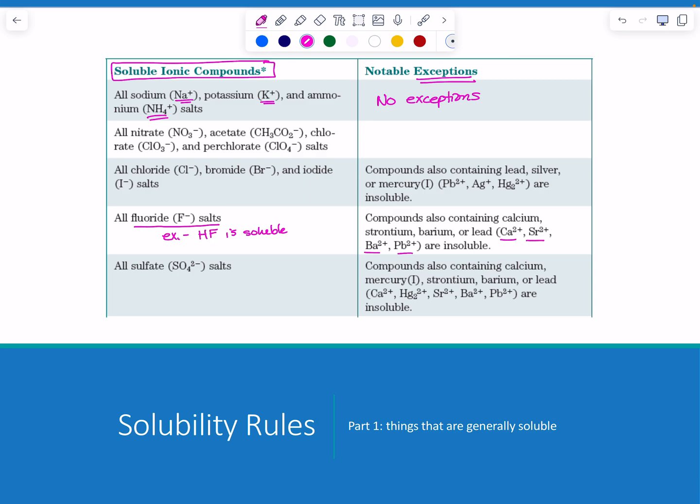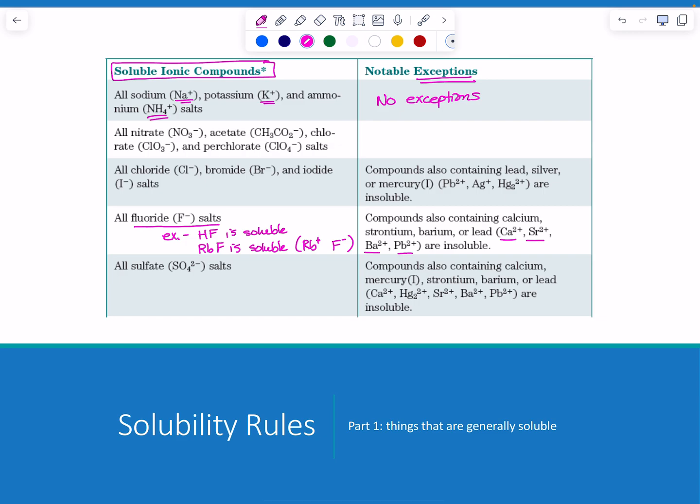But let's say if I take rubidium. Rubidium makes a +1 ion, so rubidium fluoride is soluble. So that's what that ionic compound is.